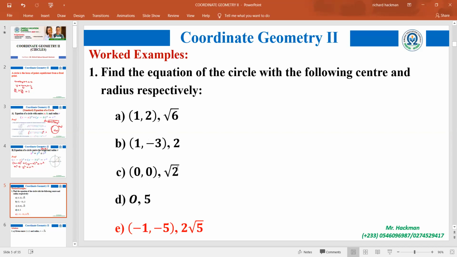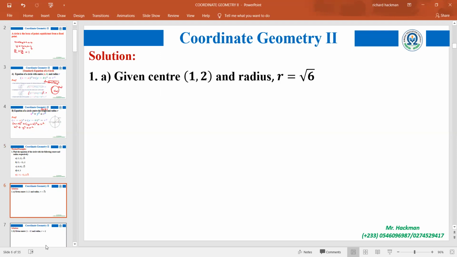C, center and radius. D, center and radius. And E, center and radius. Is that clear? Yes, please. Very good. So let's look at how best we can use the formula that was just thrown at you to find the equation of a circle, with the center and the radius given. Let's look at the solution.